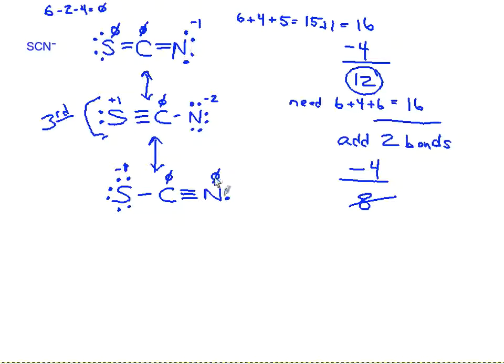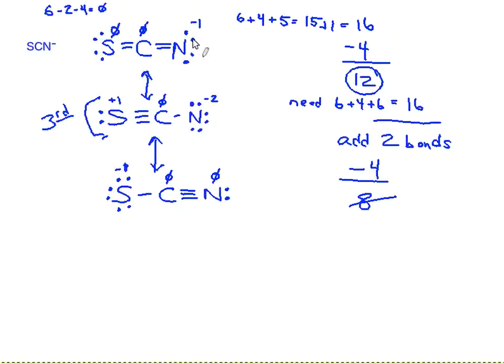Now, how can I judge between these other 2? They have a similar quantity of formal charge. And really the question is, would I rather have a -1 formal charge on the sulfur or a -1 formal charge on the nitrogen? Well, the next level of discrimination for these resonance structures is to try to put negative charges on the more electronegative atoms.